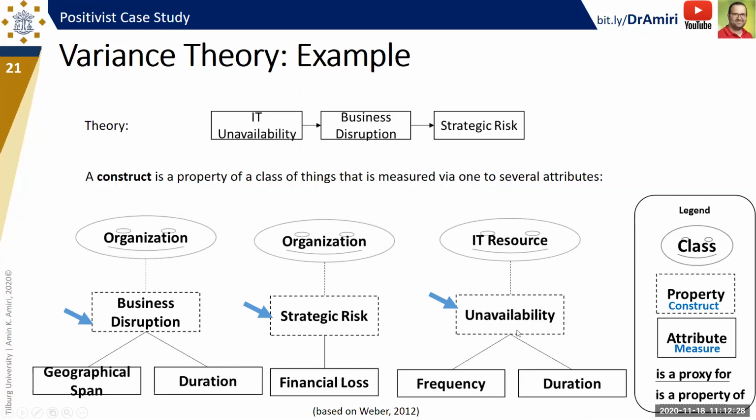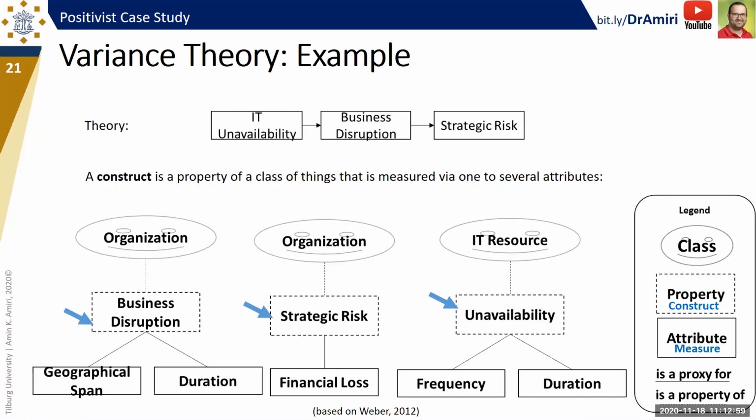For unavailability, you see, this is IT resource, but I need to call this organization's IT resource so that I have the same unit of analysis. Then you have unavailability here. And you would say, okay, how can I measure IT unavailability? I need two attributes, two measures for that, or one measure at least. Frequency of unavailability: how many times the IT resources were unavailable in this organization in the last year.